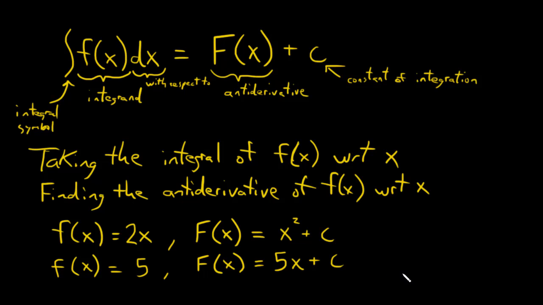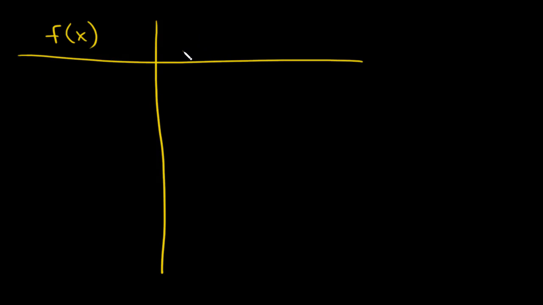Okay, now we've done a few examples. Let's start making a table. So I'm going to clear this and we're going to make a nice table. All right, so the table is going to consist of f of x and capital F of x, which is going to represent what you differentiate to get f of x.